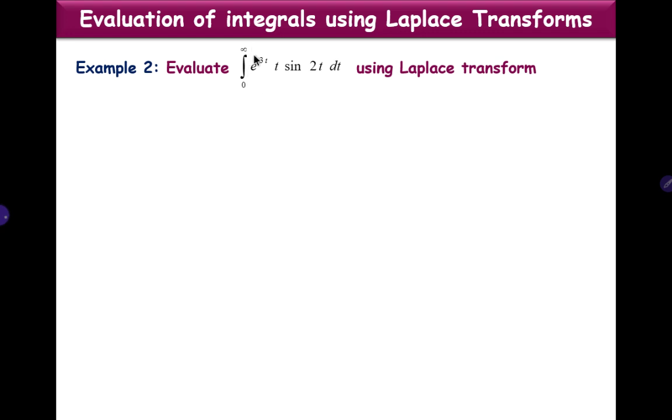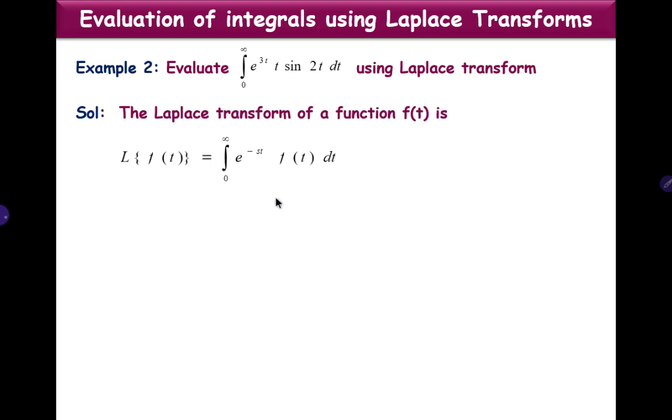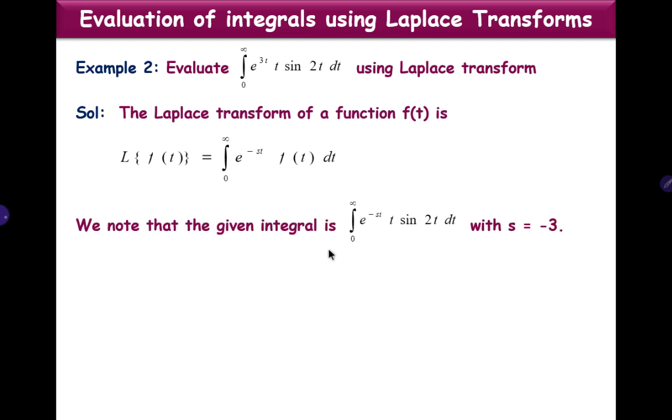Here also we have integral 0 to infinity e power 3t into f of t dt. So if we compare this with the integral in the definition of Laplace transform, we note that the given integral is of the form integral 0 to infinity e power minus st into t sine 2t dt.